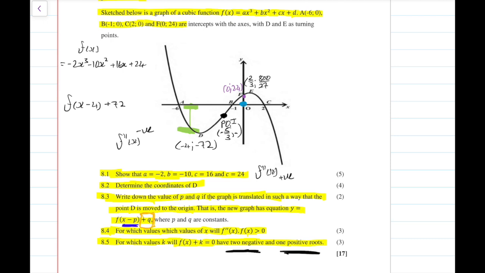So we can shift the graph up between 0 and just less than 72, and then we'll always have two negatives and one positive root. So k must be between 0 and 72.